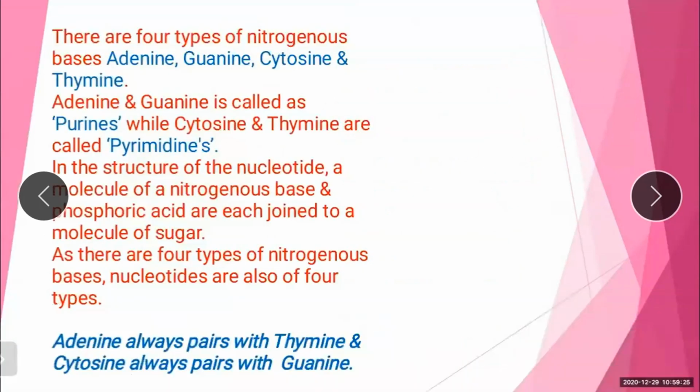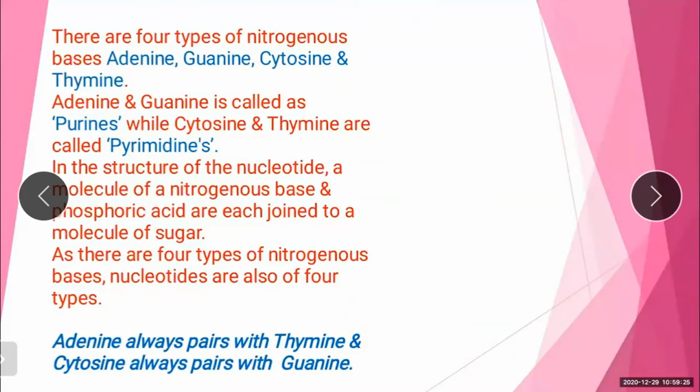So here there are four types of nitrogenous bases, that is adenine, guanine, cytosine and thymine. Adenine and guanine are called purines, while cytosine and thymine are called pyrimidines. In the structure of nucleotide, a molecule of a nitrogenous base and a phosphoric acid are each joined to a molecule of sugar.